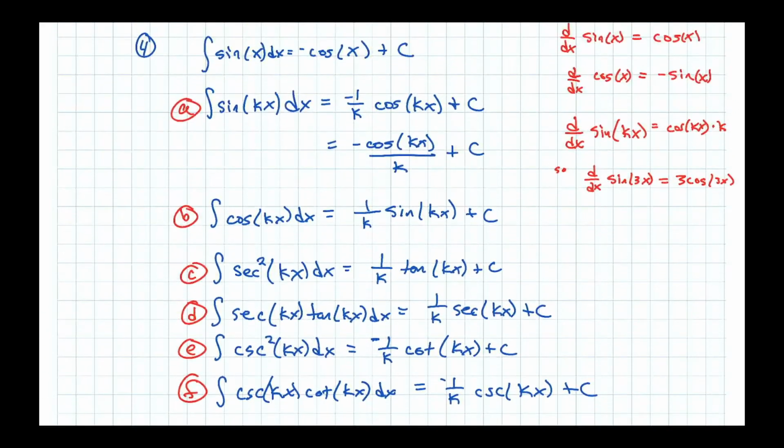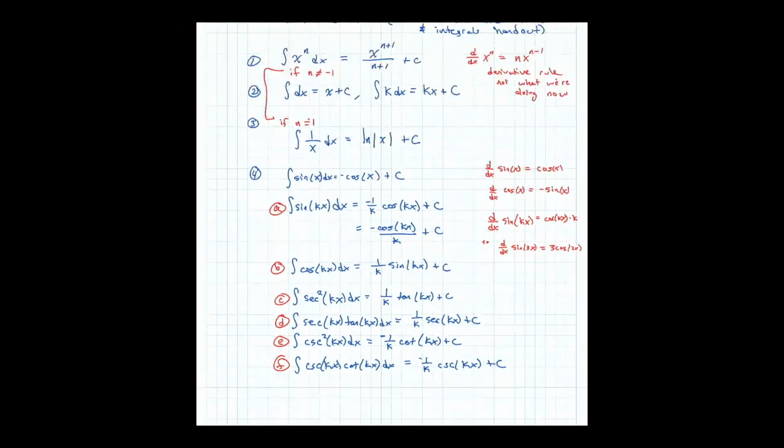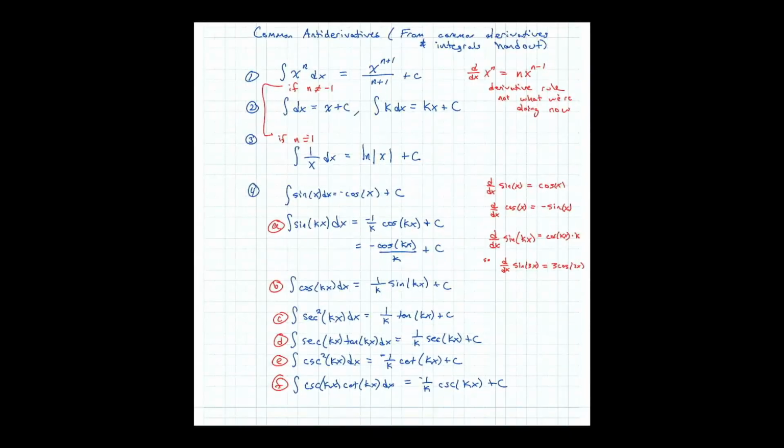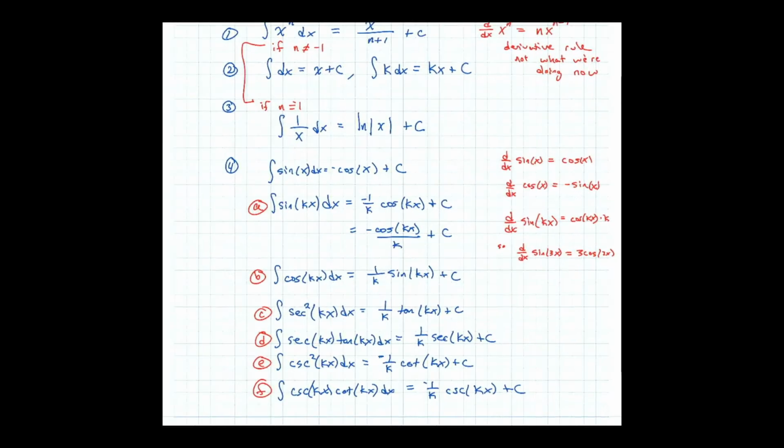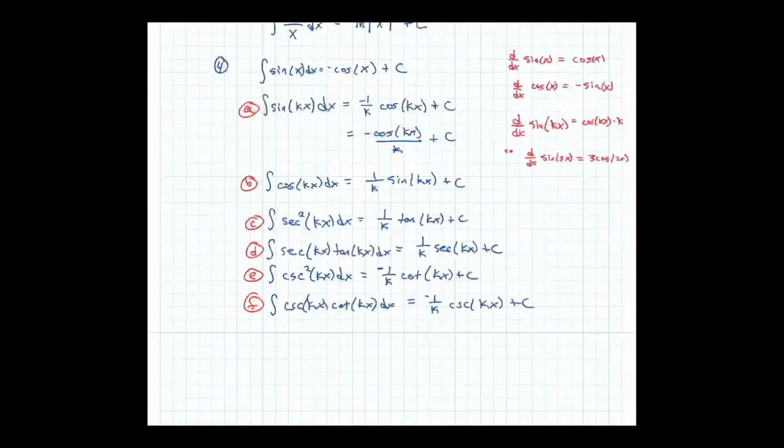So really, these are the formulas that you need to know for your common antiderivatives. All your trig functions, one for each of the normal trig functions, but it's a backwards formula, so this is a little bit different. And the power rule, and that's basically what you need. And you shouldn't need this, but you may. So those are the basics.